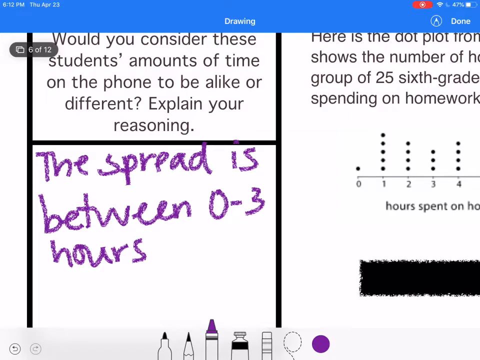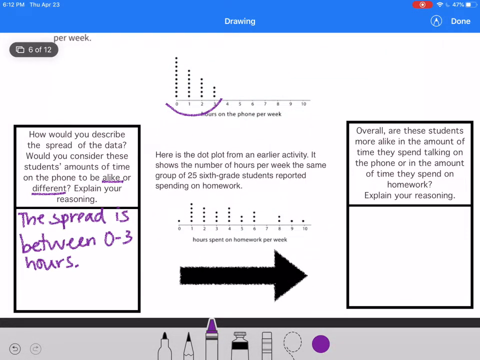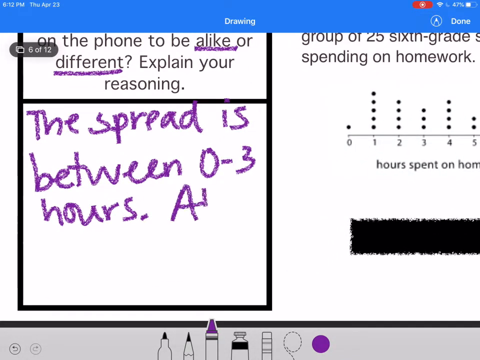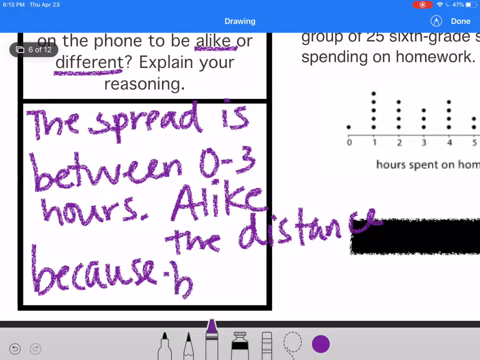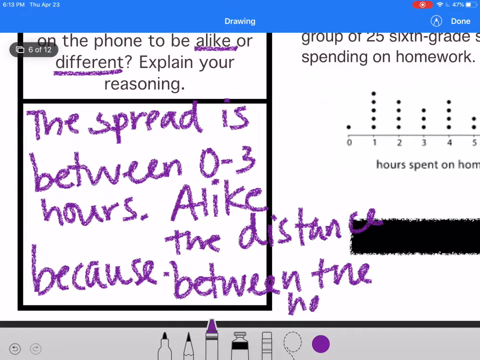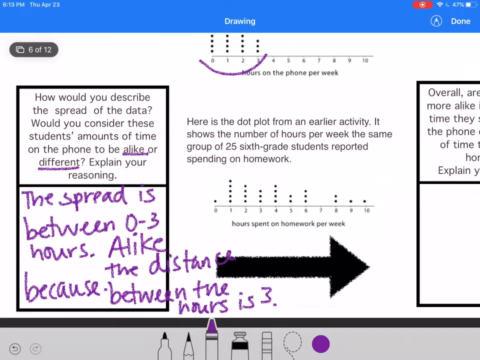And would you describe the amounts of phone time alike or different? I would describe them as alike because the hours are close together. The distance between the hours is 3. So the hours are pretty close together.